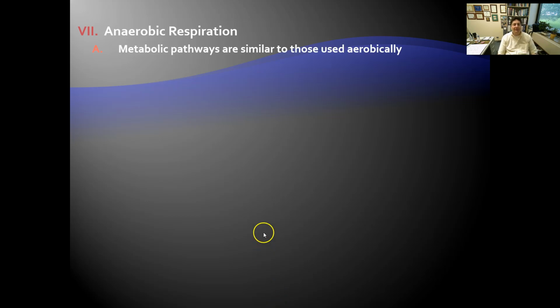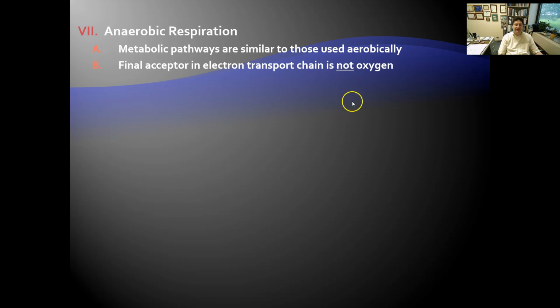Now, in anaerobic respiration, the metabolic pathways are similar to those used in the presence of oxygen. However, the big difference is that the final electron acceptor in the electron transport chain is not oxygen. Remember, in cellular respiration, the last one was oxygen, and it recombined as water.